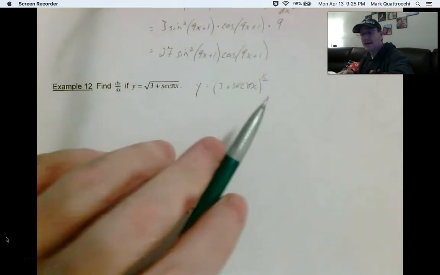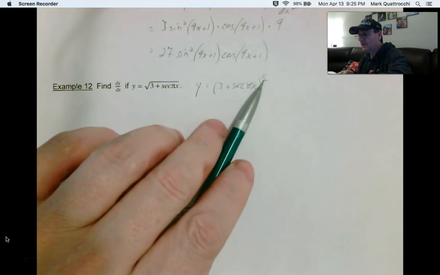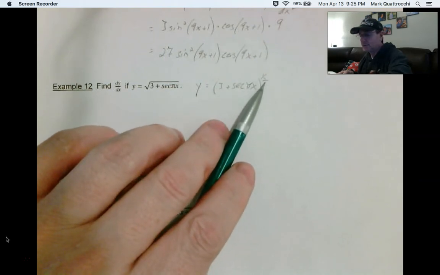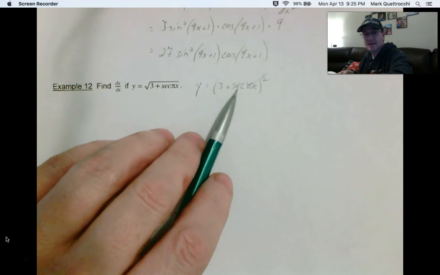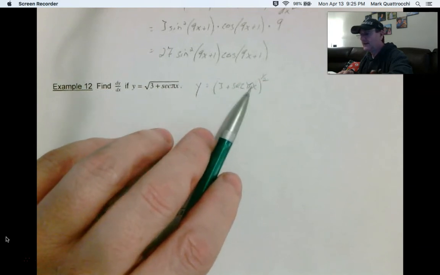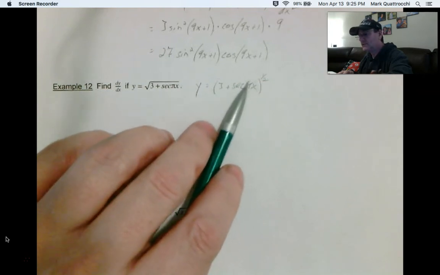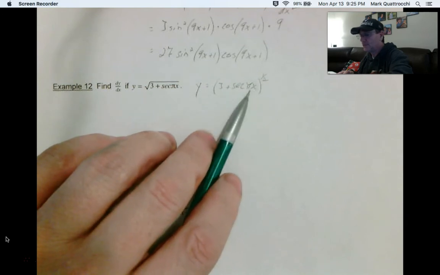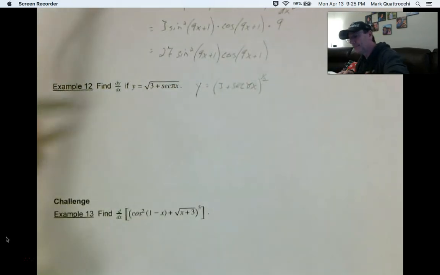And we're going to see, again, that we're going to have multiple layers. The first function is going to be the power function. The second function on the inside is going to be secant. The next function inside of that is going to be another power function. Most people forget this last one.